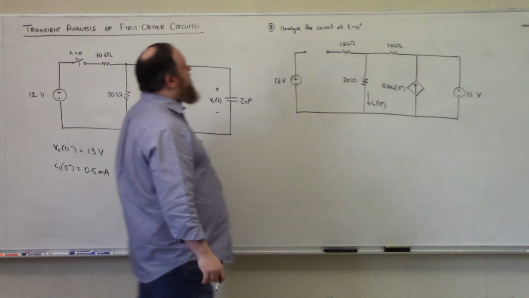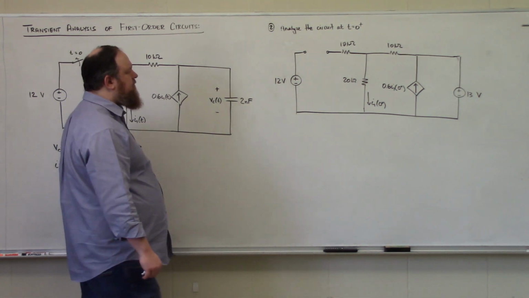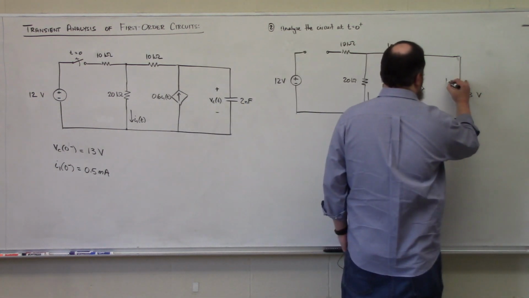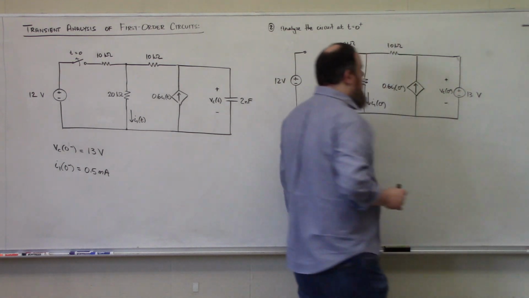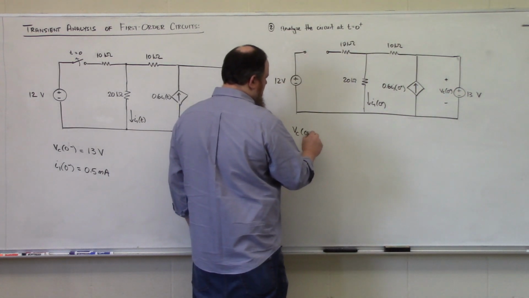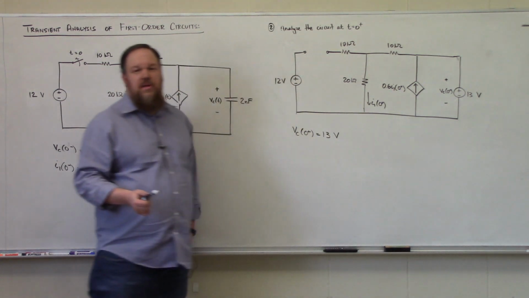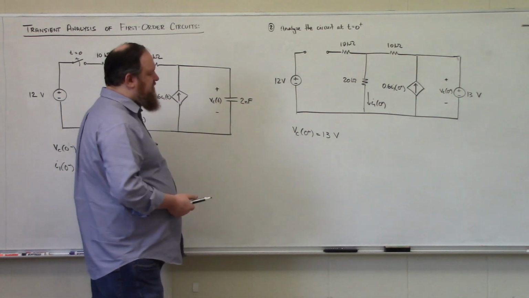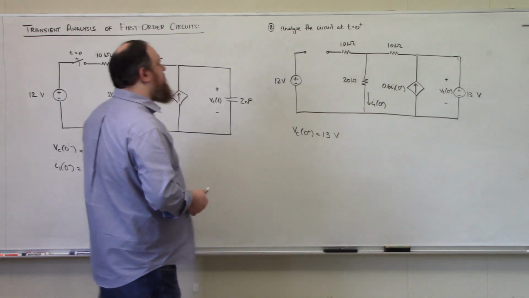So this is my circuit as it appears at T is equal to 0 plus, where this is my capacitor voltage. And we know by inspection that VC at 0 plus has to be 13 volts. Again, the capacitor voltage cannot change abruptly. So if it was 13 volts at T is equal to 0 minus, it must stay 13 volts at T is equal to 0 plus.